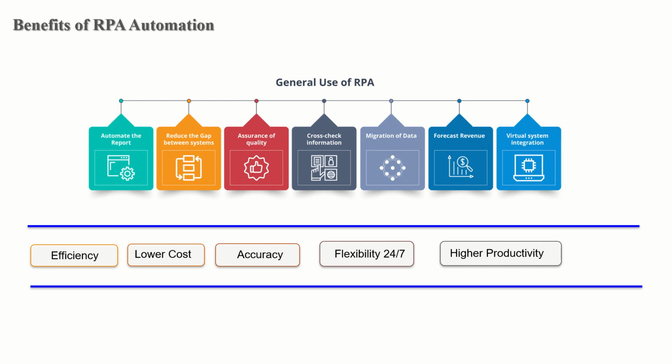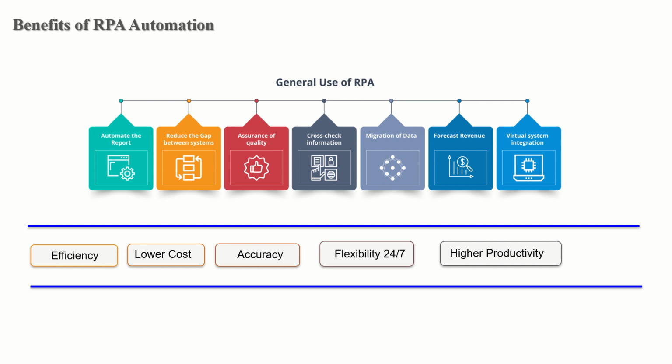And then we'll go to the flexibility, so it is more flexible. RPA can scale up or down based on the demands, allowing organizations to handle the increased workload efficiently and adapt to changing business needs as well.